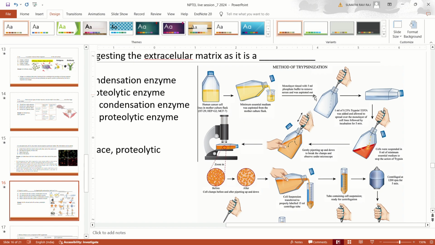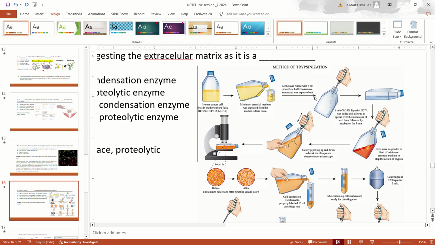Now after removing the PBS, you will add 1 ml of your trypsin. Trypsin percentage also depends on your cell type. You can have either 0.25% or 0.05%, etc. Mostly trypsin is given in combination with EDTA, because EDTA is a calcium chelator, so it will help in activation of trypsin.